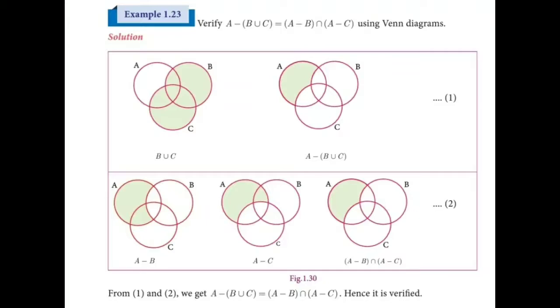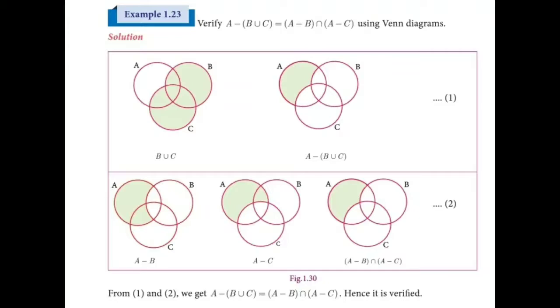First step, we find B union C. Then A minus (B union C) is equal to (A minus B) intersection (A minus C), that is De Morgan's law for set difference.